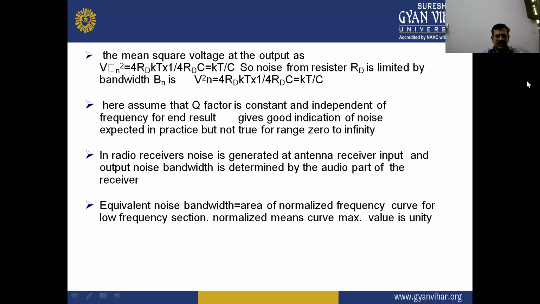In radio receivers, noise is generated at the antenna receiver input, and the output noise bandwidth is determined by the audio part of the receiver. The equivalent noise bandwidth is equal to the area of the normalized frequency curve for the low frequency section. Normalized means the curve maximum value is unity.